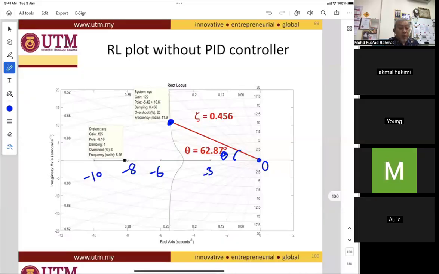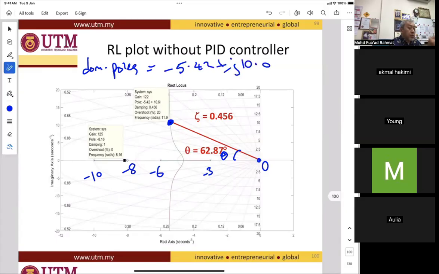Okay. Akmal Hakimi, can you give me the dominant pole over there? Negative 5.42 plus j10.6. Okay. And then the third pole, Akmal Hakimi? Negative 8.16.